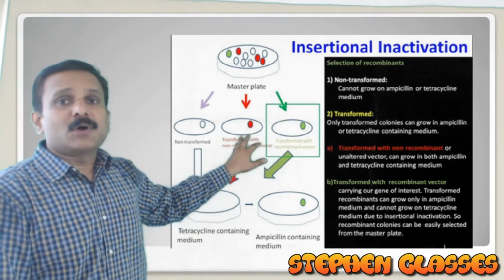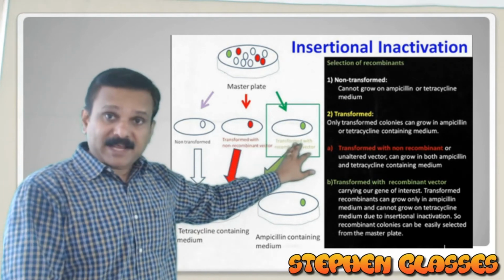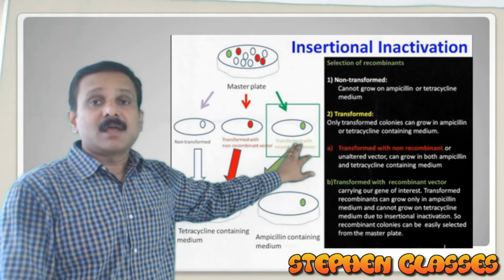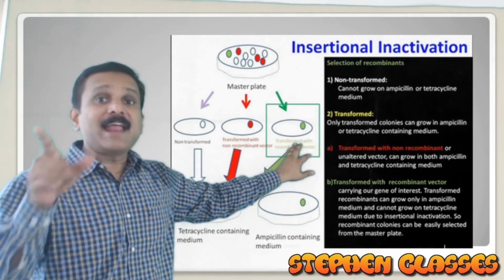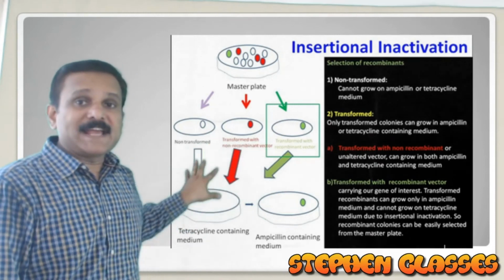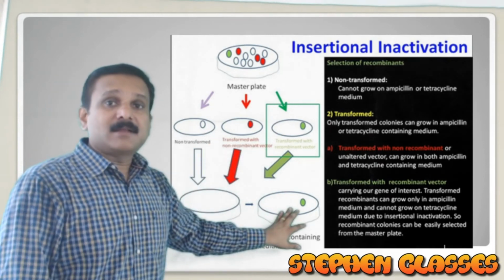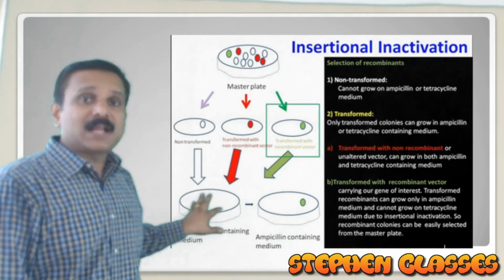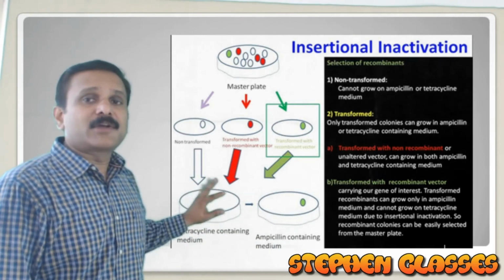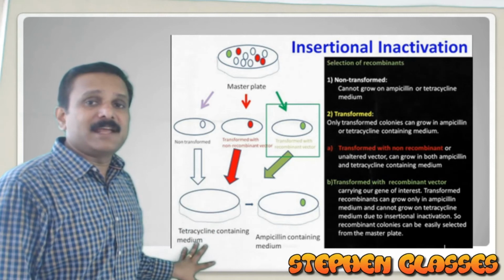What about the recombinants? Because of the insertional inactivation, they will grow only in ampicillin medium. So here very easily you can isolate the recombinants. All other cells cannot grow in the tetracycline medium.